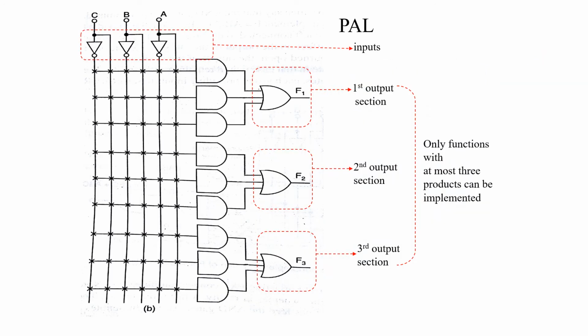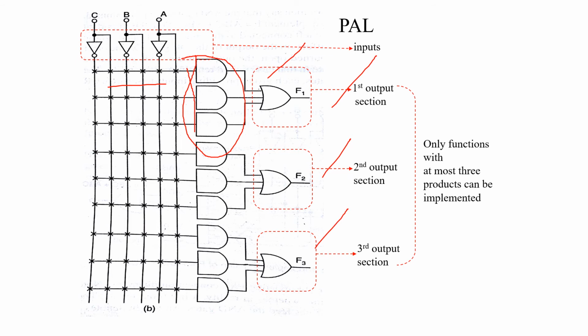Here, these are the inputs. Total inputs are 3, so only functions with at most 3 product terms we can implement. So here the AND gate is programmed, the OR gate is fixed. This is the first output, this is the second output, this is the third output.